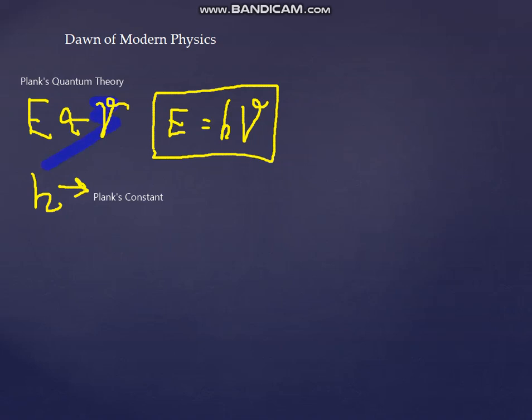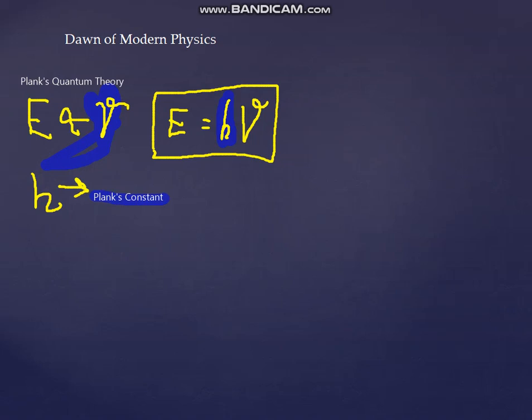This is mu, this thing in yellow that I'm shading right now. This means frequency. When we remove the sign of proportionality, E is directly proportional to mu, we put a constant, which is h. And h is Planck's constant, hence Planck's quantum theory.